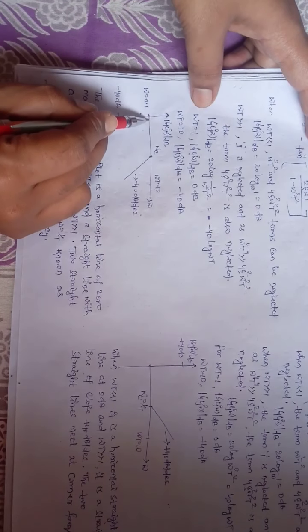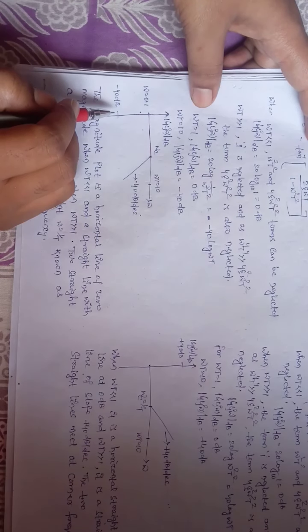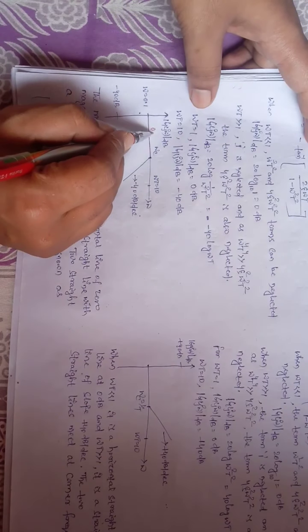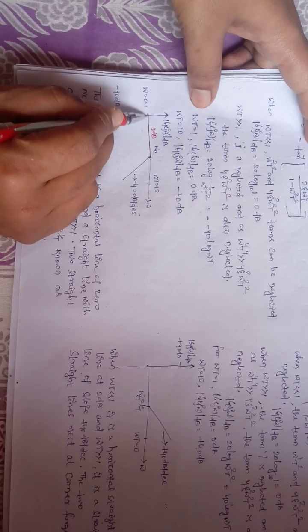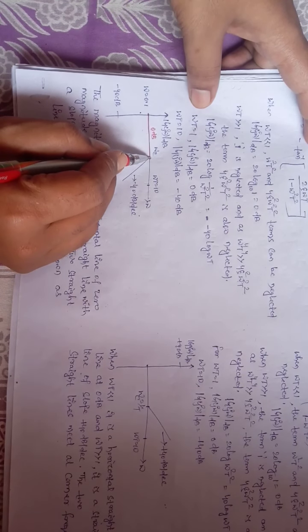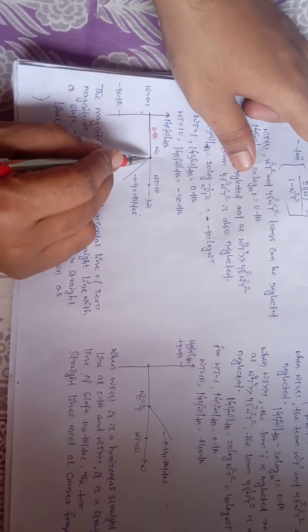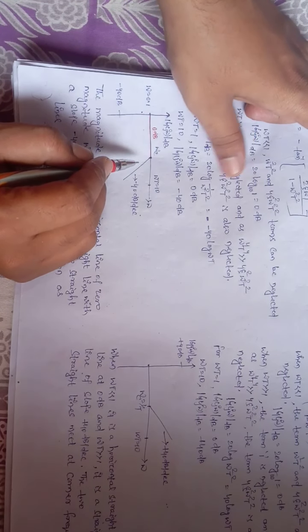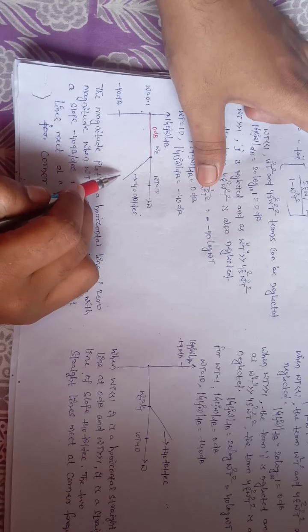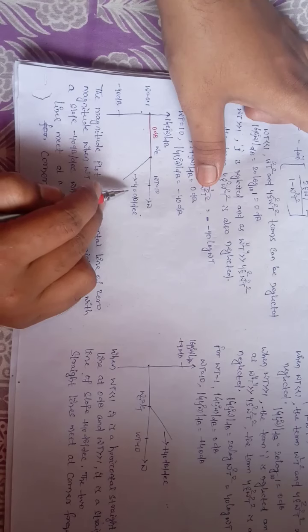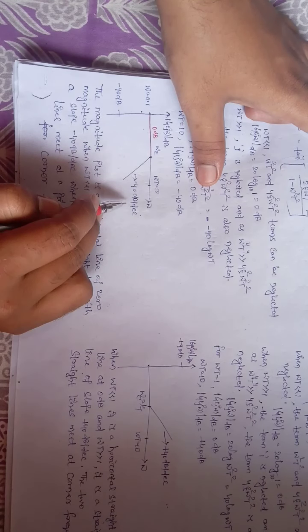It is also a combination of two straight lines. One straight line is the 0 dB line up to the corner frequency, and since there is a quadratic factor in the denominator, the straight line after the corner frequency will have a slope of minus 40 dB per decade.